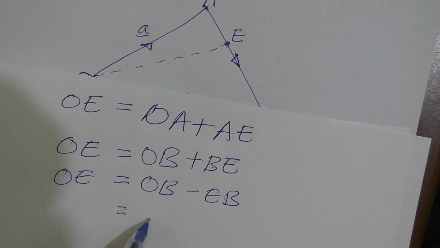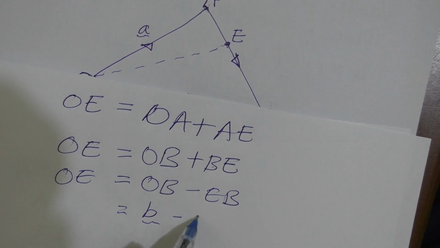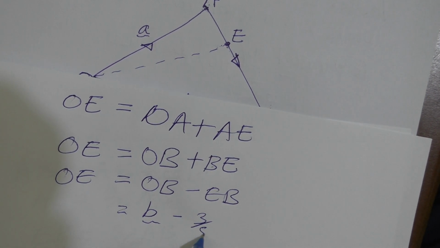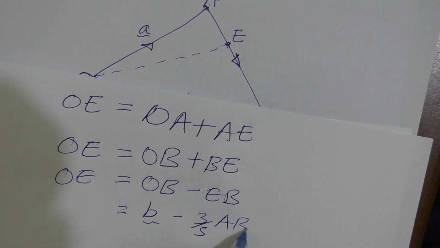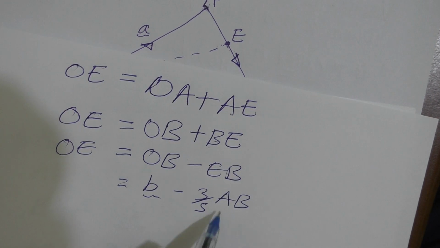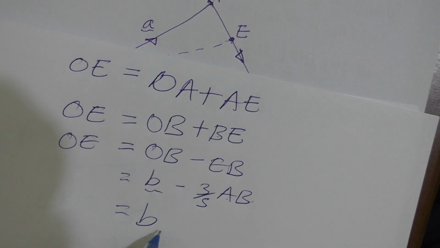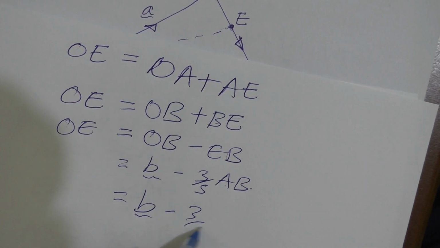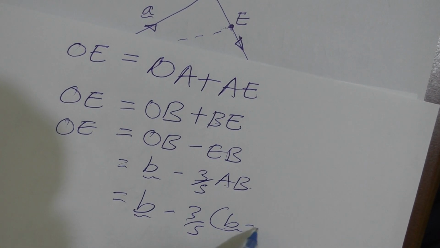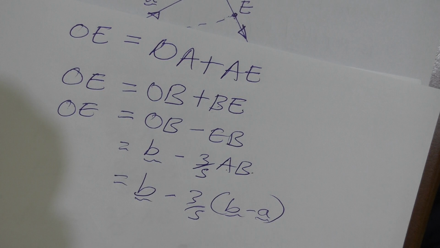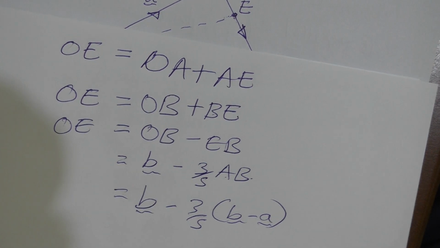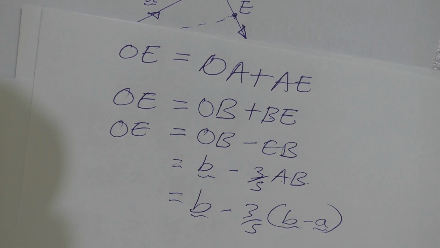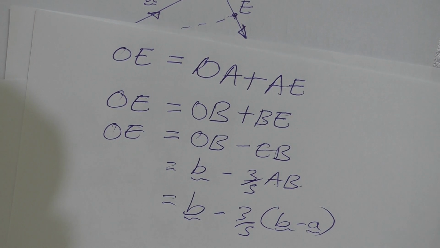And maybe we now substitute, this is B minus 3 over 5 AB. So we substitute for AB, which is B minus 3 over 5 of (B minus A). So we open the bracket and simplify. That is the proportional division of a line.